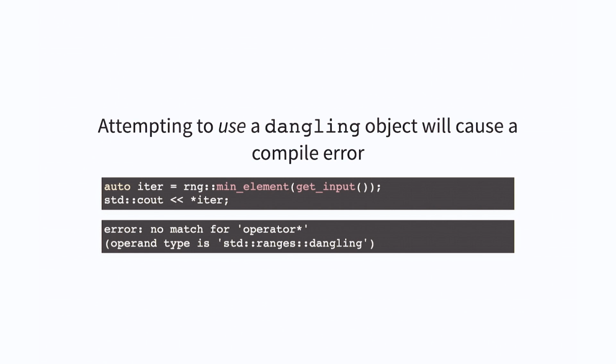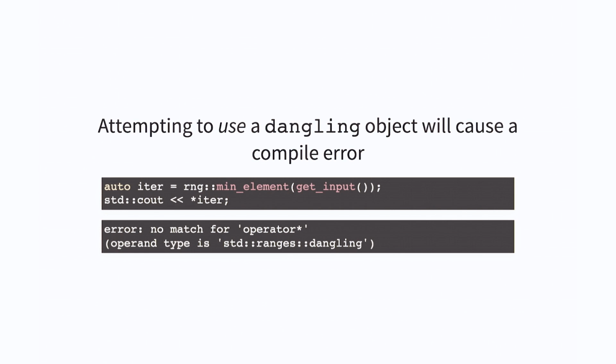We know that we have mistakenly passed an R-value range into an algorithm. Well, that's not necessarily a mistake. We are trying to mistakenly use an iterator that would have lifetime problems.